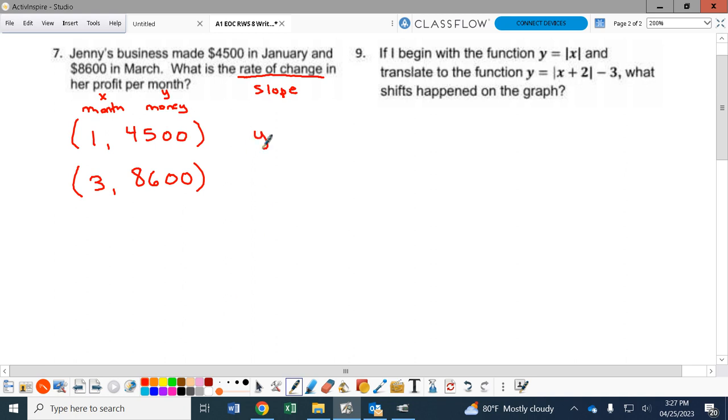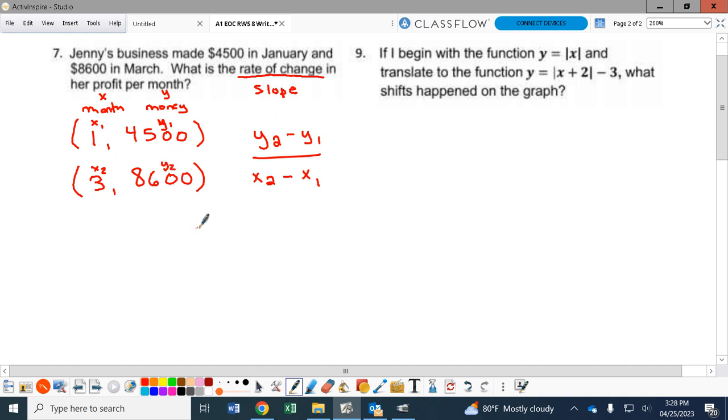This is the formula we're using: y2 minus y1 over x2 minus x1. That's that slope formula. You're going to need that. So, guys, remember, this is your x1, this is your y1, this is your x2 and your y2.